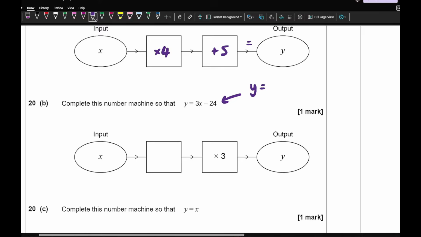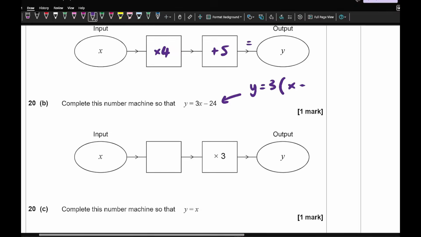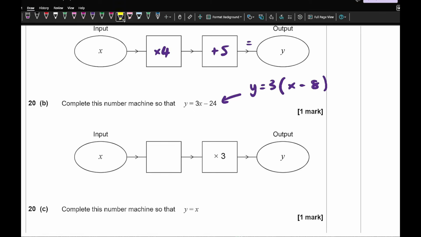So y equals 3, and then what do you have to multiply 3 by to get 3x? It's x, and what do we have to multiply 3 by to get 24? That's going to be 8, so it's minus 8. So looking at this expression here, we are taking away 8 first and then multiplying by 3.